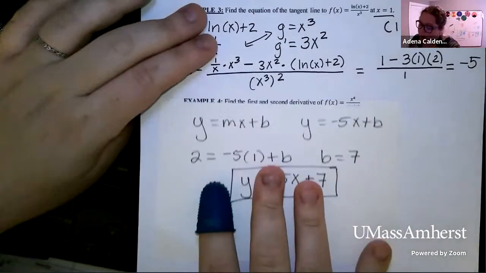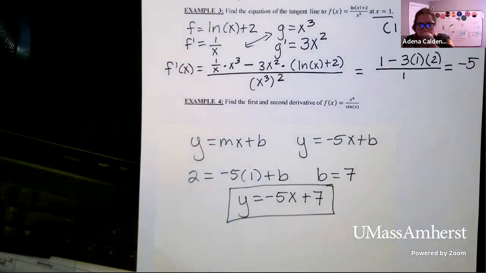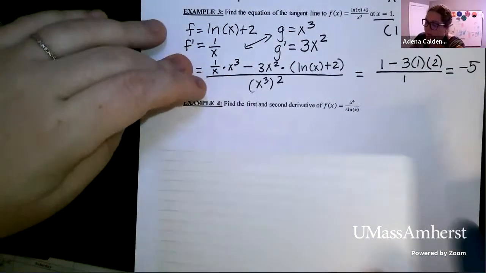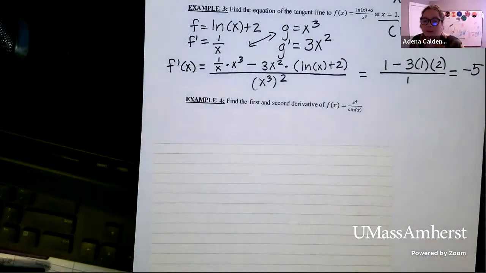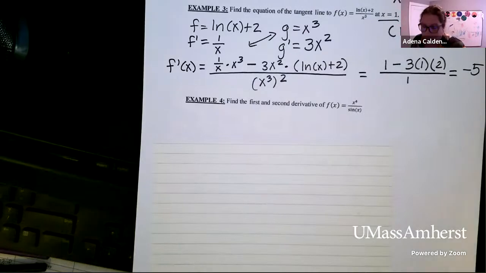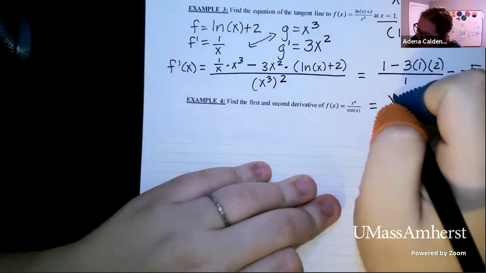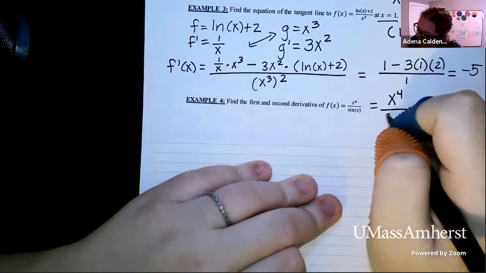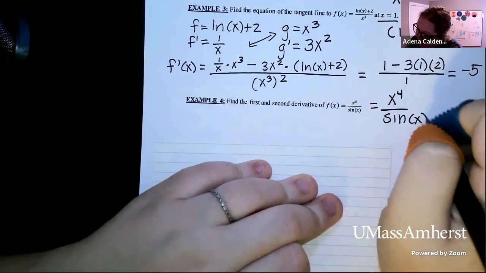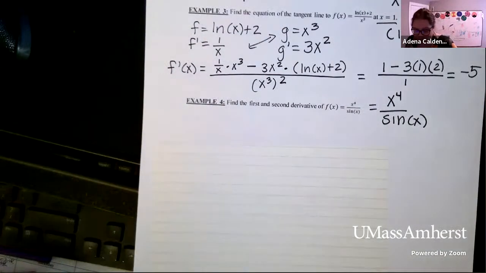So let's look at our next example here. We want to find the first and second derivative of x to the fourth over sine x. So I'm just going to write this a little bit bigger. x to the fourth over sine x.